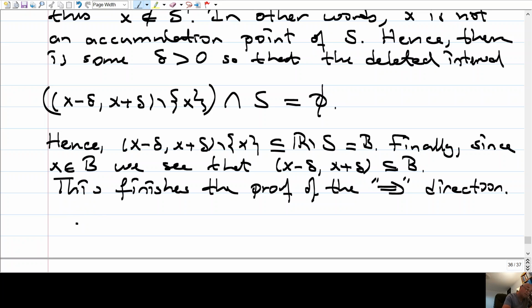If part. For this direction, let's see how we proceed.